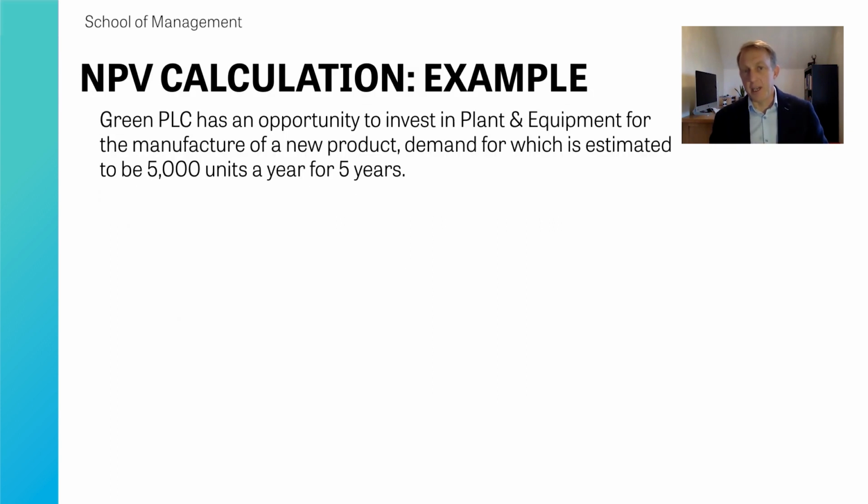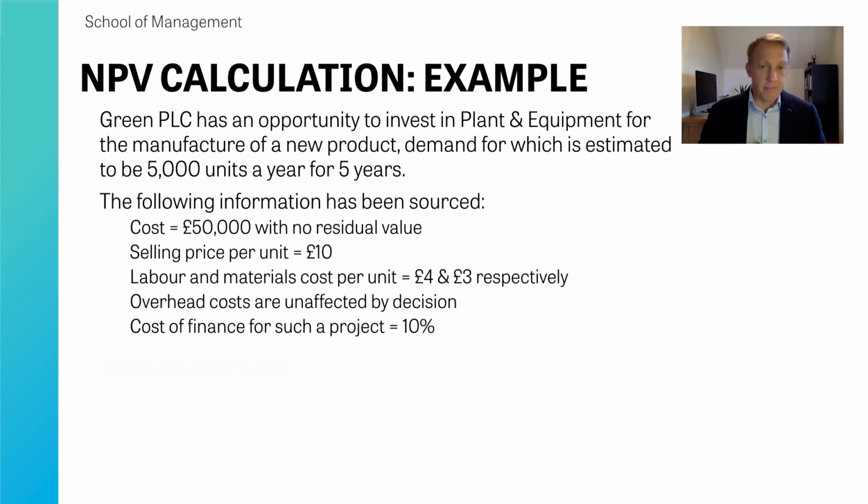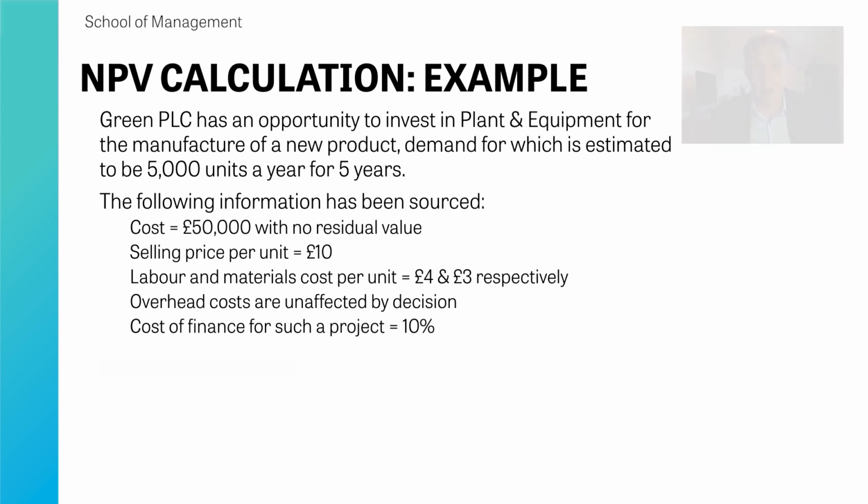So a simple example here for you: a company has the opportunity to invest in plant and equipment to manufacture a new product for which demand is estimated to be 5,000 units per year for 5 years. You've got a whole lot more extra information detailing the costs and the associated implications of this project, and you're told that the project has a 10% discount rate, or the cost of financing, cost of equity, weighted average cost of capital.